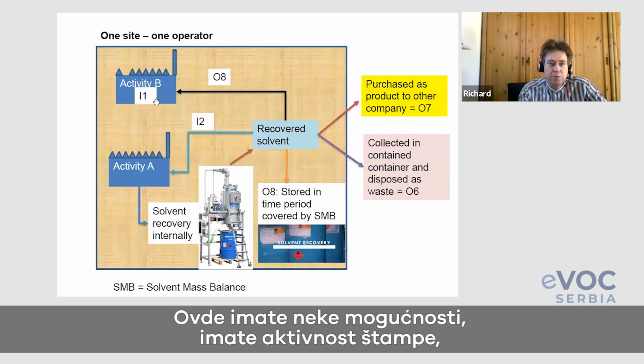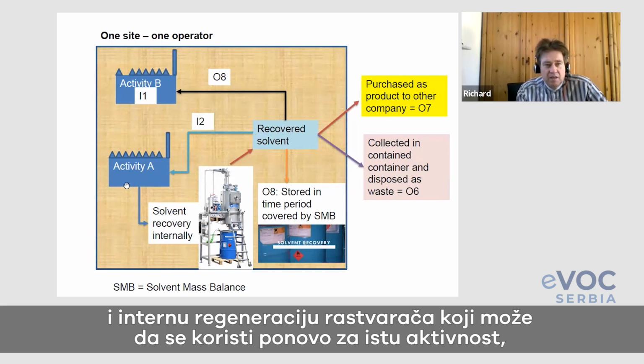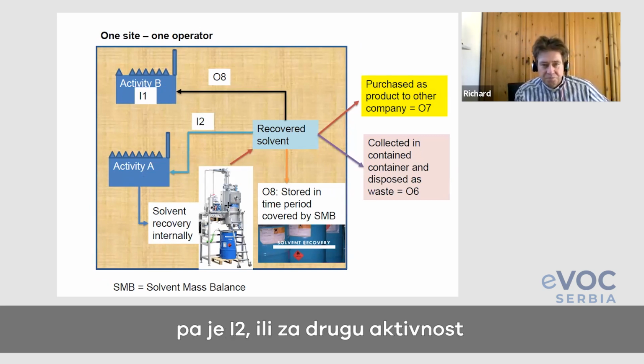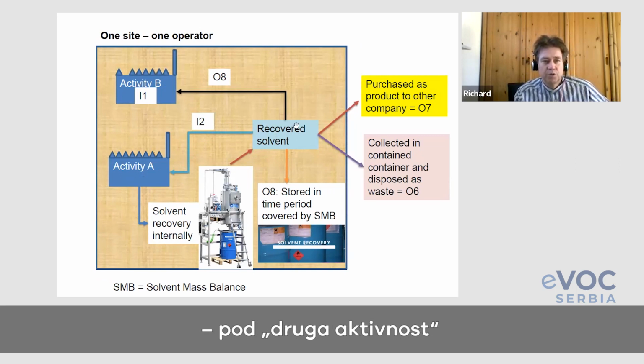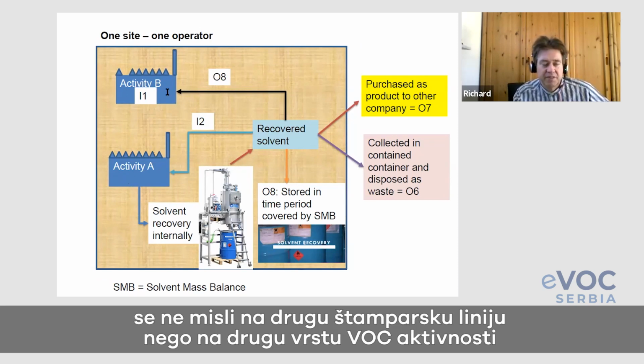Here you see again the possibilities. You have your printing activity. You have here the internal solvent recovery, so your distillation. And here you recover it and you can use it again, clear. Or you use it for another activity, clear, it's O8 because you don't use it here. Other activity does not mean another printing line of the same kind.